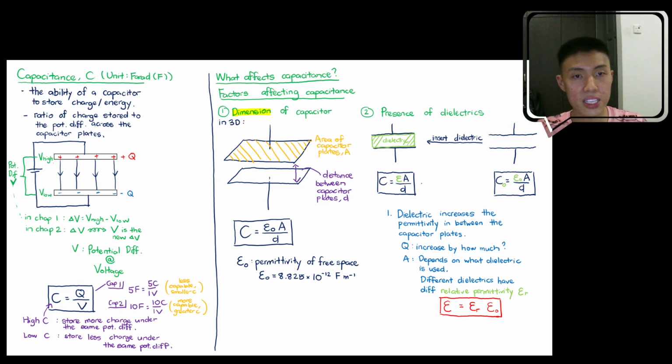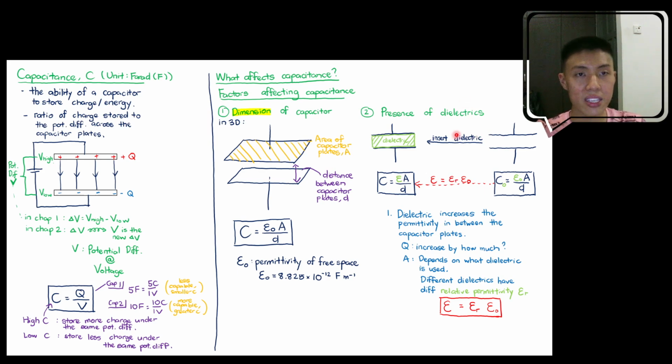So how are these things being connected to each other? You can know that the new epsilon can be determined from the old epsilon without dielectric by multiplying by epsilon r.